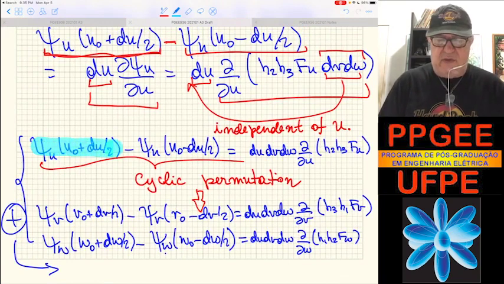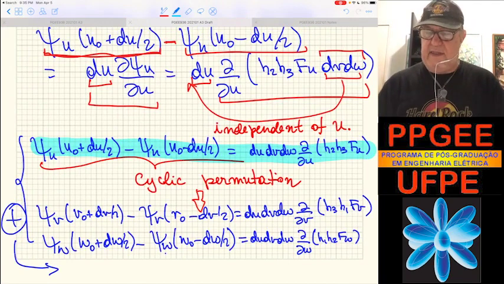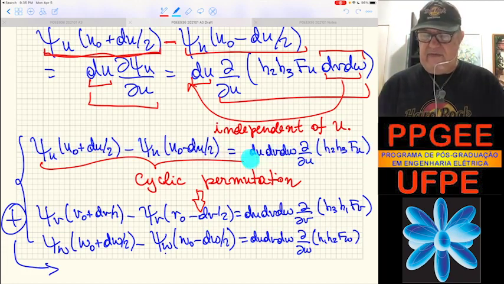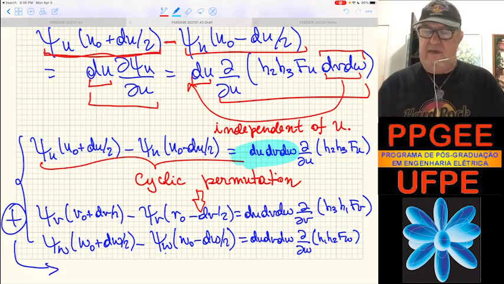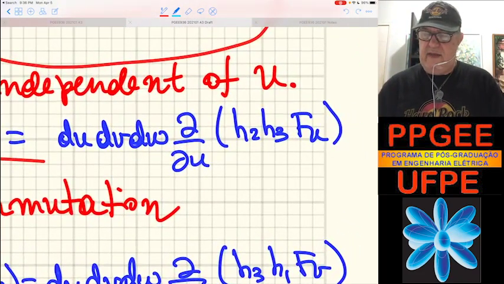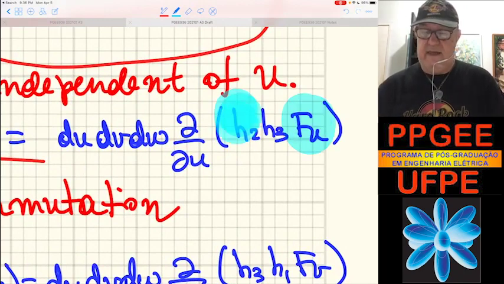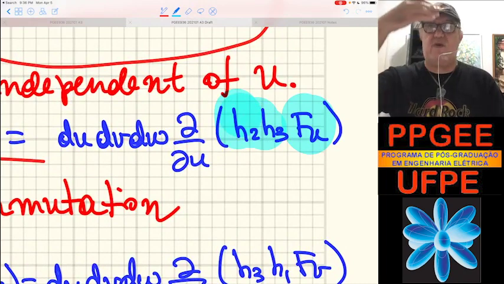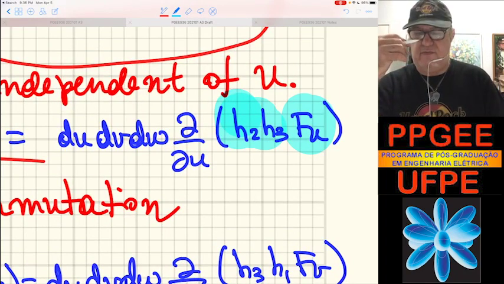The u equals constant gives a contribution which is very interesting. There's a product of three differentials, du, dv, dw, and a derivative relative to u, in which you have the u components and the h parameters that are orthogonal, related to the orthogonal directions to u.